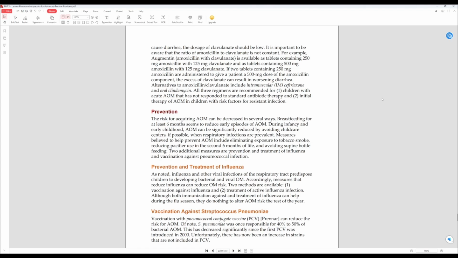Alternatives to amoxicillin-clavulanate include intramuscular ceftriaxone and oral clindamycin.